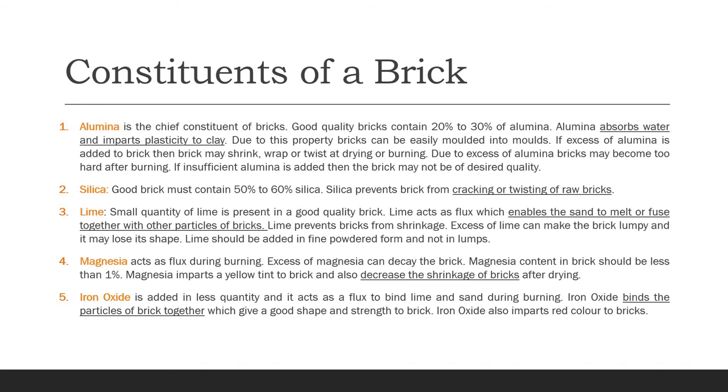Lime is an important element as well. Lime acts as a flux and enables sand to melt or fuse together with other particles of the brick. Magnesia, which is just 1%, imparts a yellow tint to the brick and also decreases shrinkage of the brick. Whereas iron oxide is very important because it binds the particles of brick during the burning process.